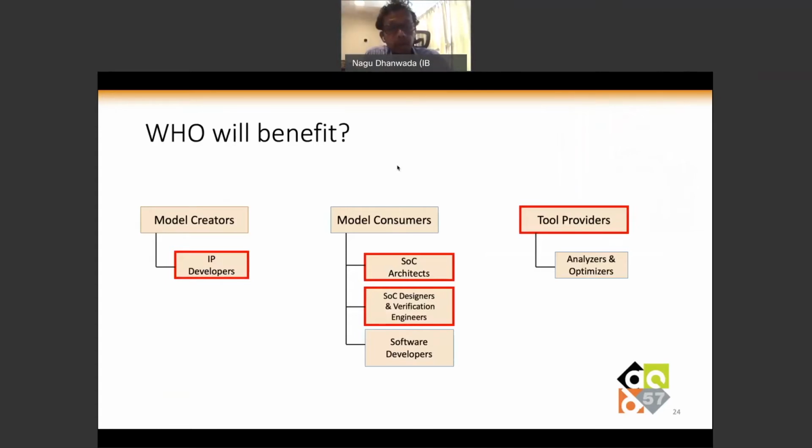And then there are model consumers who are system architects and also SOC designers who are using various pieces of IP to come up with their system/SOC design, right? Now, from an IP developer perspective, currently he or she would have to generate their models, right?